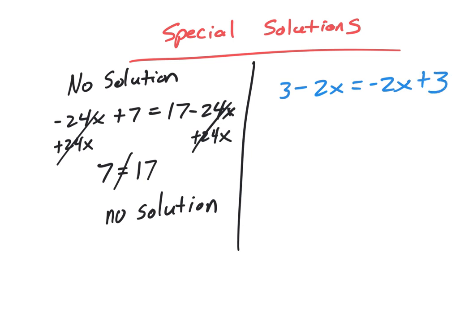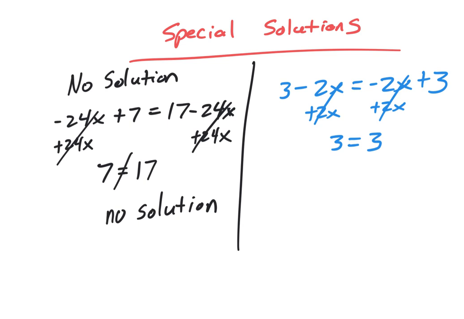And once again, this is pretty straightforward. You might see some of these that have parentheses and more steps to them, but I'm just showing you some basic ones here. In this case, if I added 2x, my x's disappear. And the big difference here is your x's still disappear, but when I look at what's left over, I got a 3 on the left, a 3 on the right.